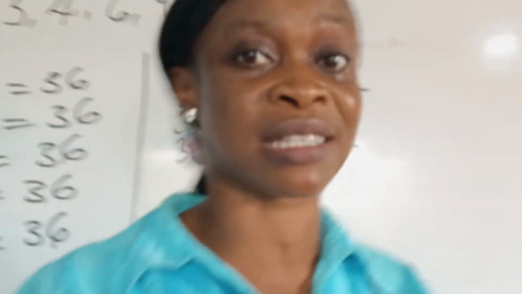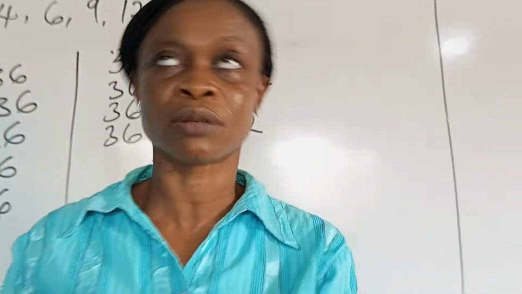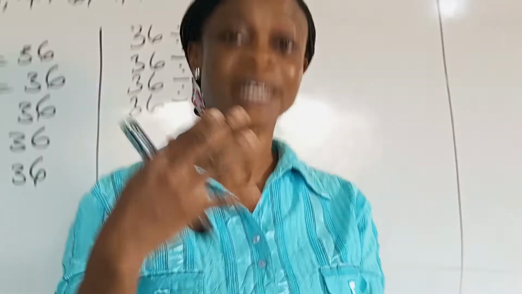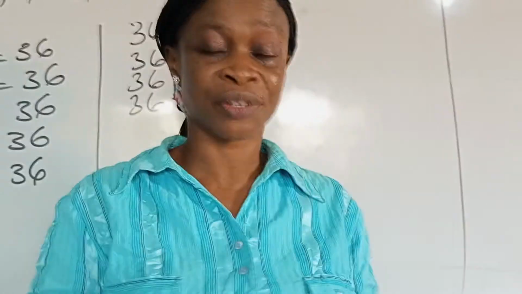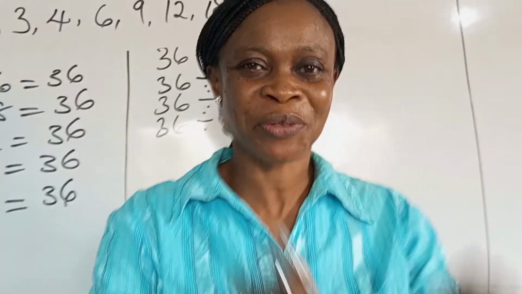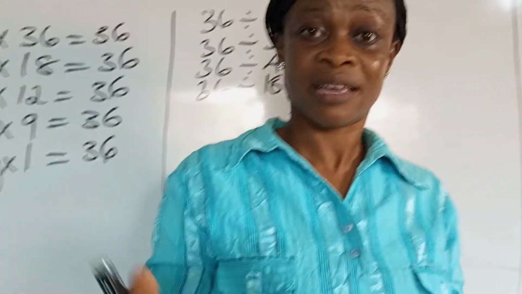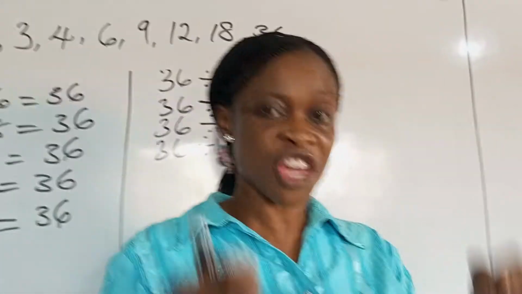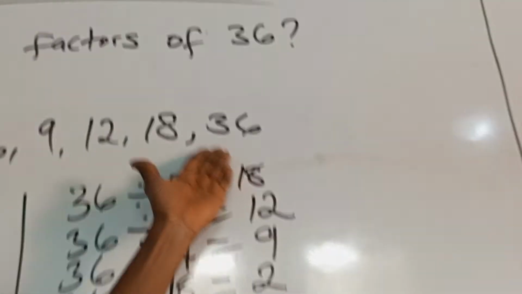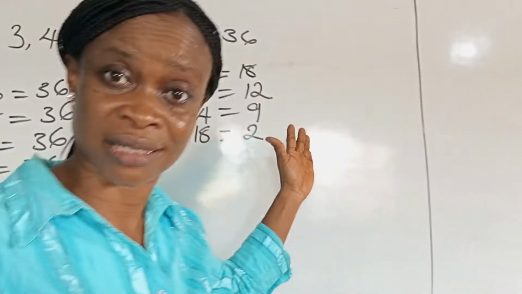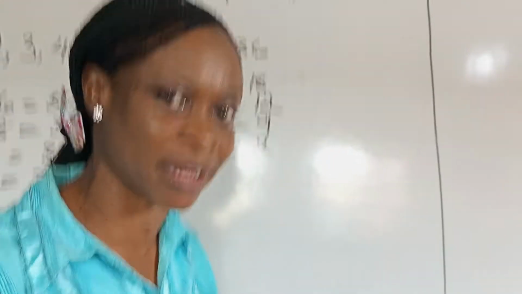Don't forget that division is like sharing. If I tell you, divide 6 by 3, I'm simply telling you to divide 6 oranges among 3 people. It's similar to that. So, if I say that these numbers are factors of 36, I should be able to divide 36 by the same numbers, and I shouldn't have any remainder.